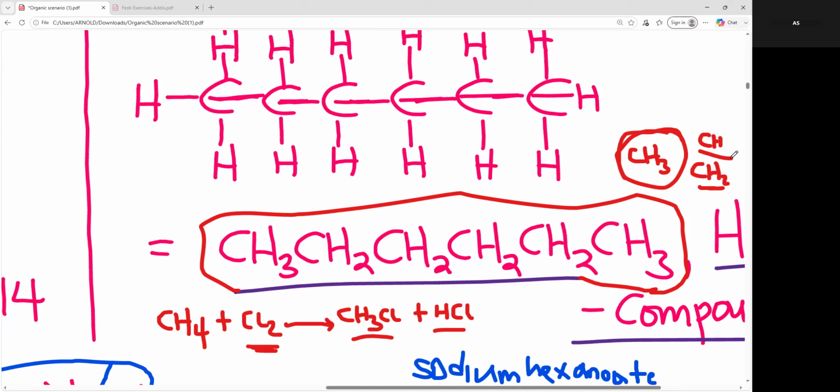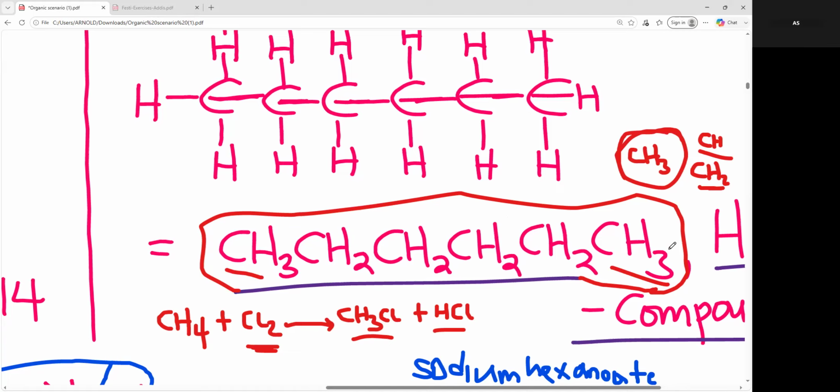Tertiary hydrogens are most reactive, followed by secondary, and primary are least reactive. So in this case, we have primary hydrogens at the ends, and the ones in the middle are secondary. These ones in the middle are more reactive than the ones at the extreme end.